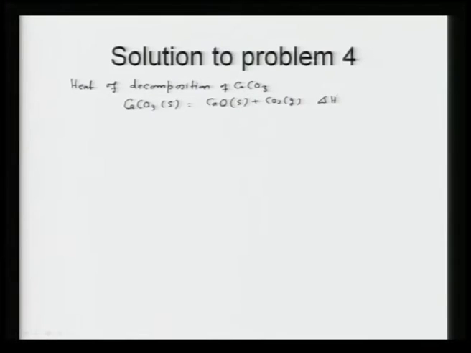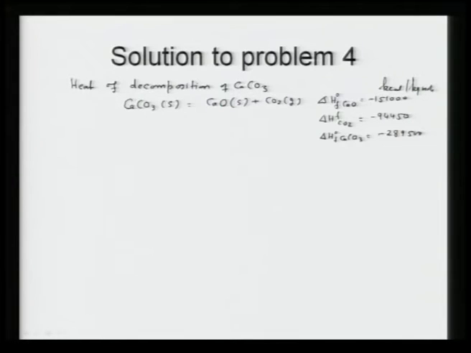So, delta H naught f for CaO at 298 is minus 151,000 kilocalorie per kg mole. Then delta H naught f for CO2 is minus 94,450, and delta H naught f for calcium carbonate is minus 289,500.